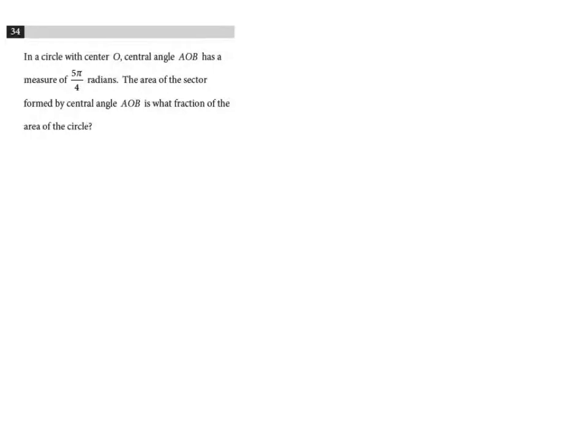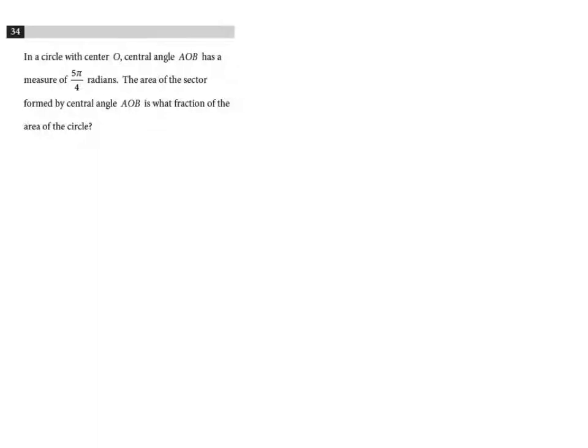55. In a circle with center O, central angle AOB is a measure of 5 pi on 4 radians. The area of the sector formed by the central angle is what fraction of the area of the circle?